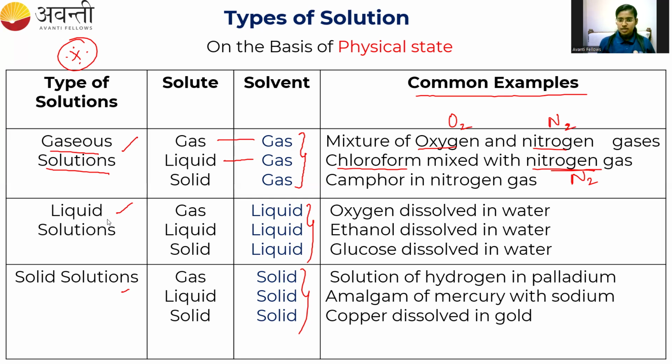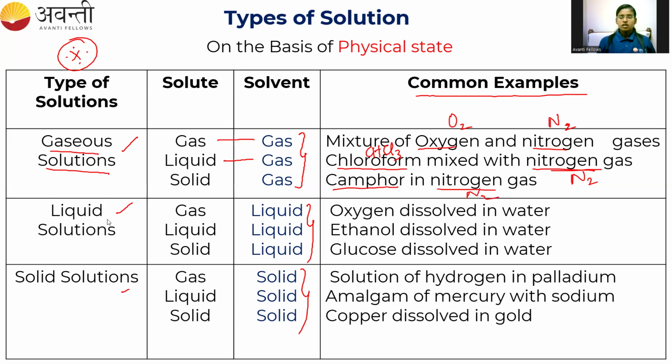So chloroform is a liquid, CHCl3. It is mixed with the gas, leading to the formation of a liquid in gas solution. And next, camphor in nitrogen gas. Camphor you all will know, right? We all use that in our homes and it gives a good smell. It is actually a solid. That solid is mixed with the nitrogen gas.